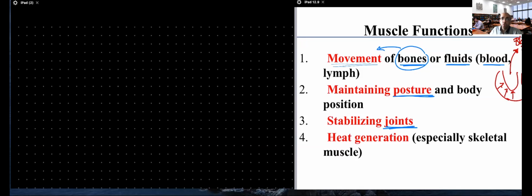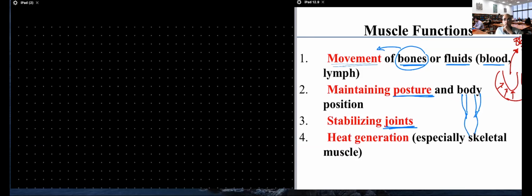Stabilization of the joints. Try to imagine that you're standing here and all of your leg and thigh muscles are relaxed. Would you be able to stand up? If all the muscles of your leg are relaxed, would you be able to stand up?